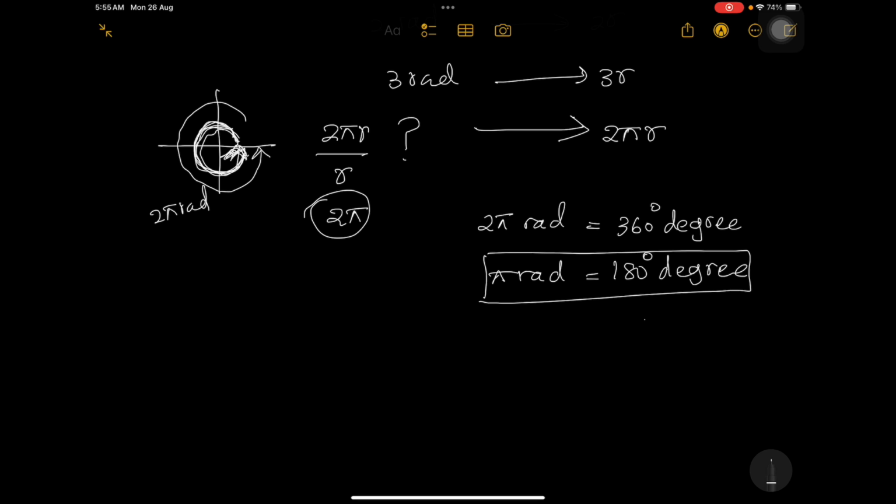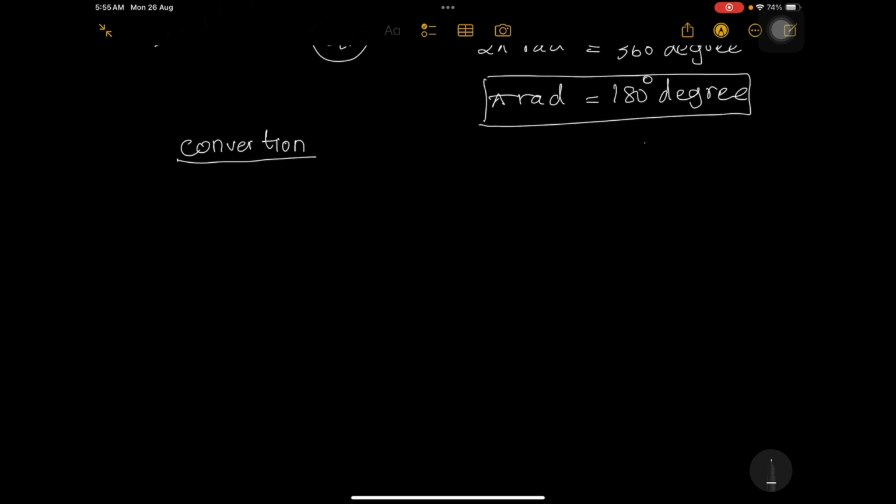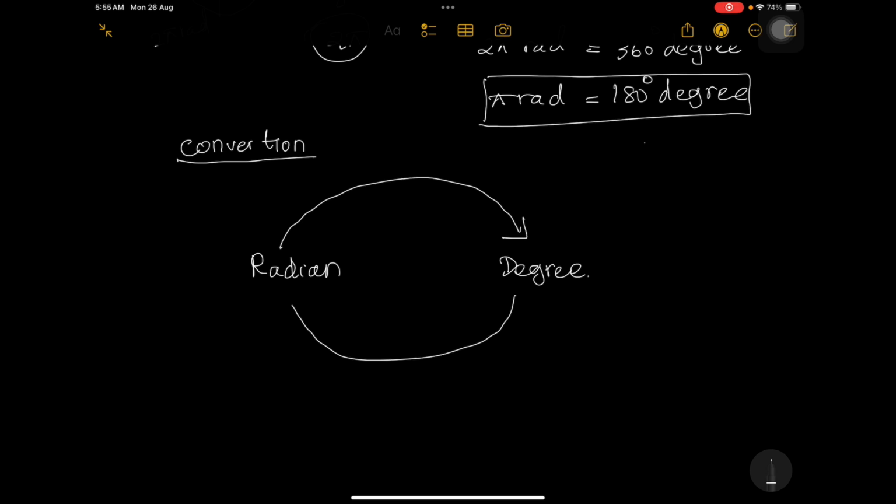So the conversion, you have to know how to convert from radian to degree and degree to radian. So radian to degree, degree to radian.